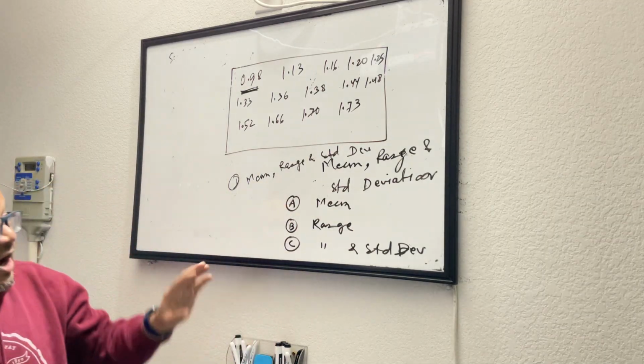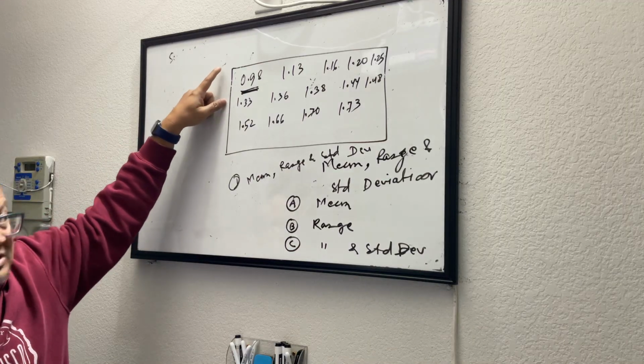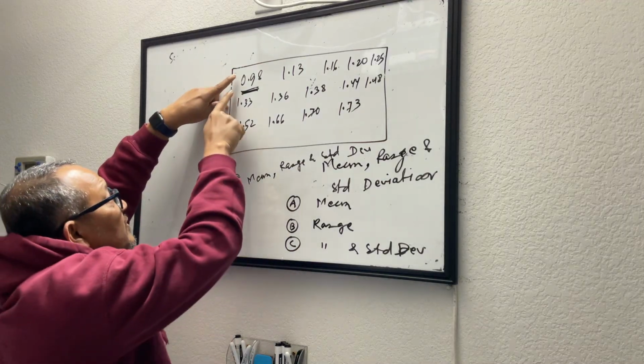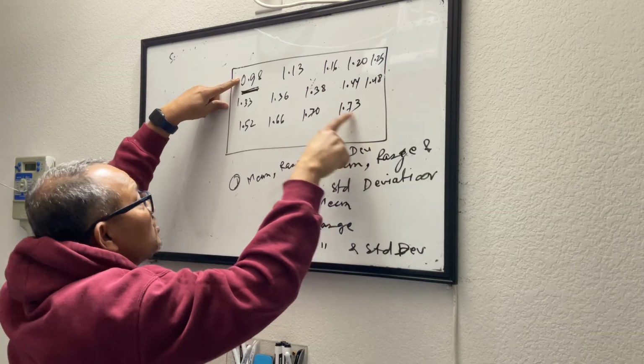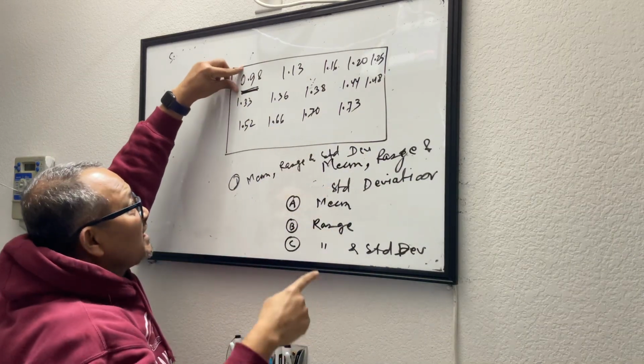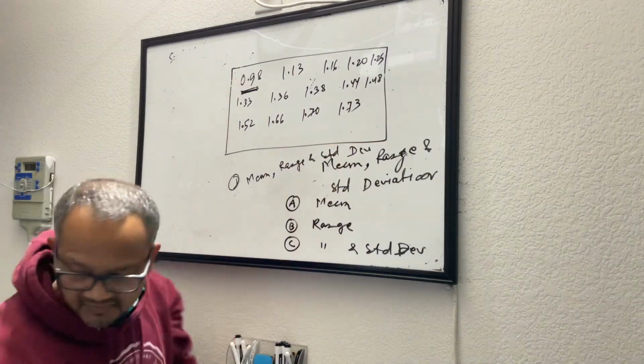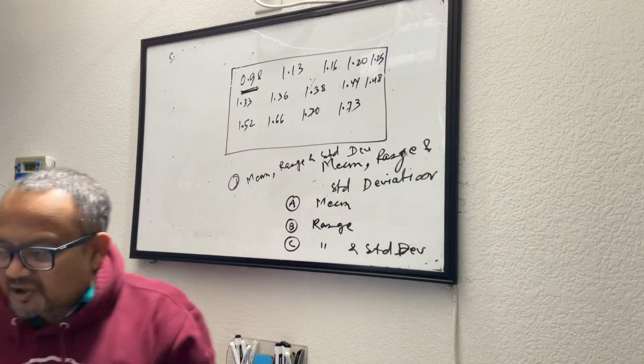Now, is my range increasing or decreasing? My range is the difference between the smallest number and the largest number. Let me do that in the simplest possible way.